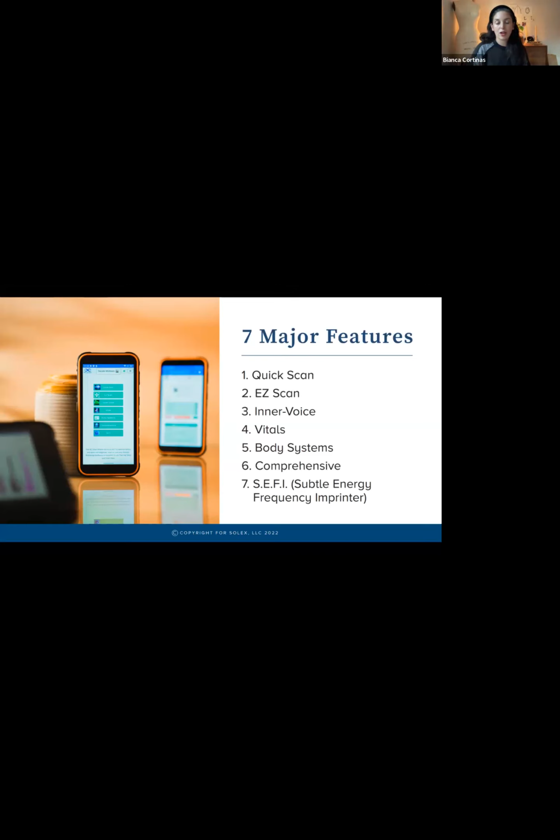But now I've evolved into more of a daily habit of using the scans. I would use the quick scan to see what supplements I need because it gives you a bigger list than the easy scan. And then I do the easy scan so I can get my tones for my inner voice so I can listen to the music and have that on hand whenever I need it. Amazing. I'm going to start doing the quick scan because it's very important to know what supplements to take for the day.